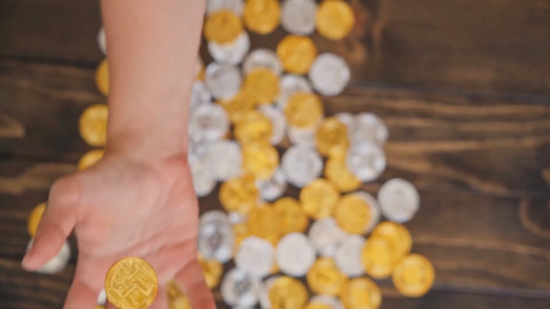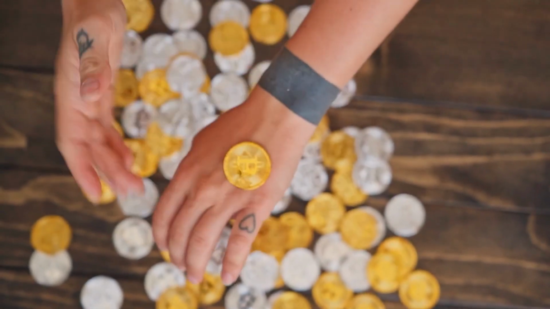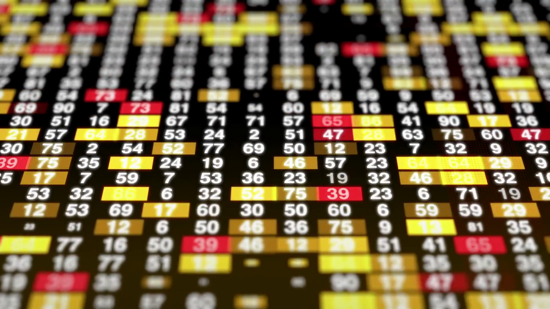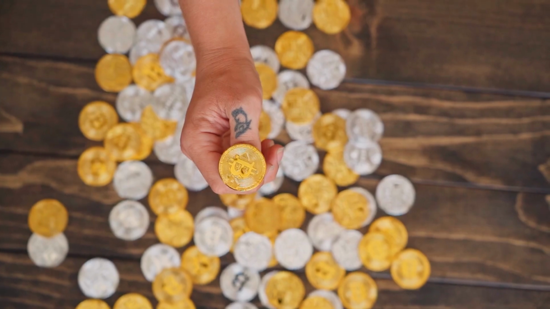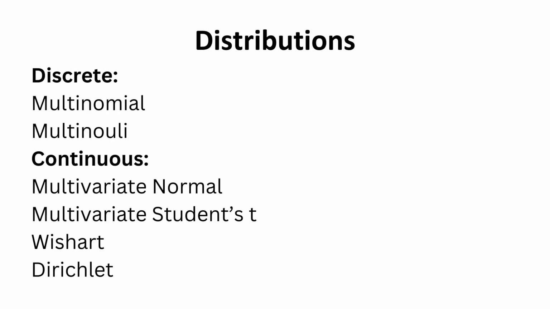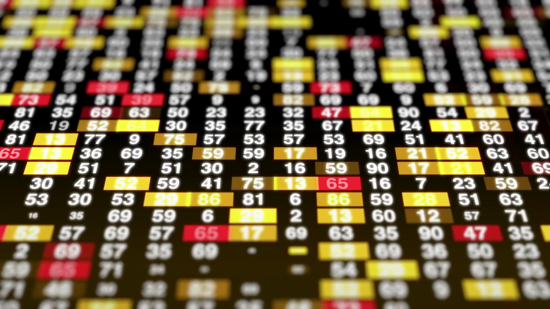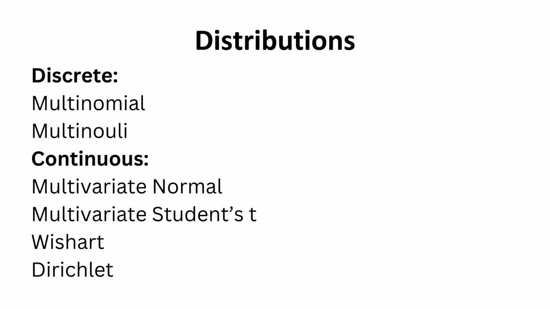Here, just as before, if our vector is categorical, it will follow a categorical distribution, multinomial, a generalization of the binomial distribution, and with its single case as well, but here it is called multinoulli, a generalization of the Bernoulli distribution. Or, when it's the continuous case, we have these options: the multivariate normal distribution, the multivariate student t distribution, the Wishart distribution, and the Dirichlet distribution.